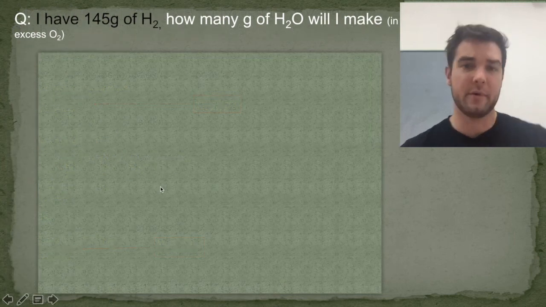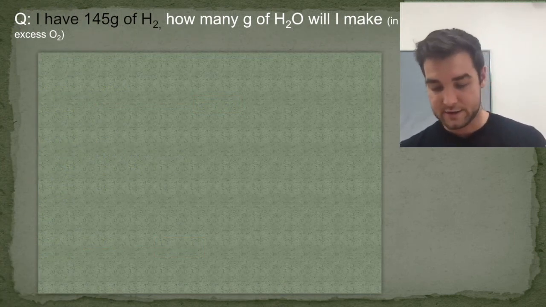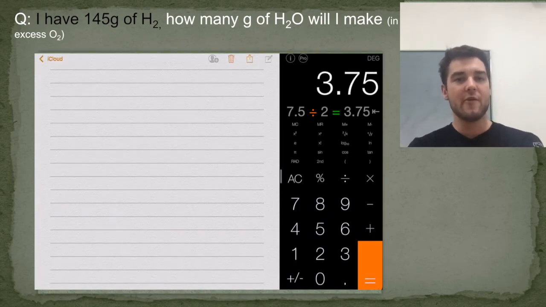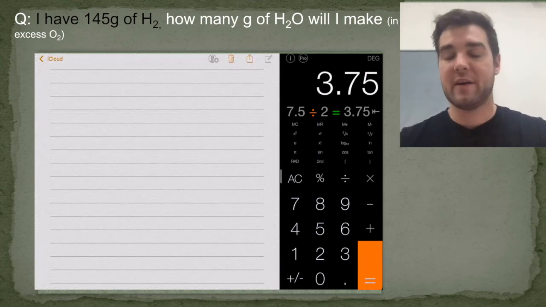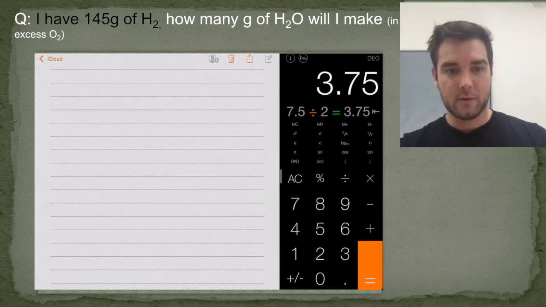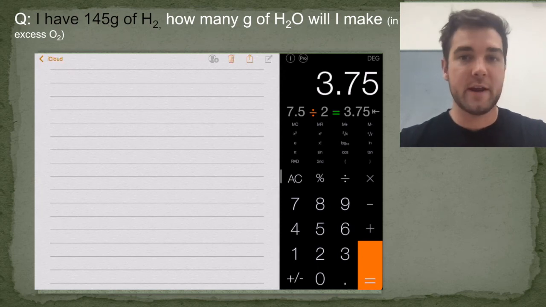So let's do something completely from scratch, and I'll make the iPad screen bigger so you can see that. Let's do a completely new problem. I have 145 grams of hydrogen gas. How many grams of water, H2O, will I make if I have excess oxygen? Okay, well, here's how I would go about that. This is the finale to the video.